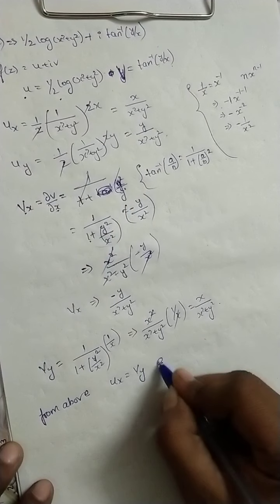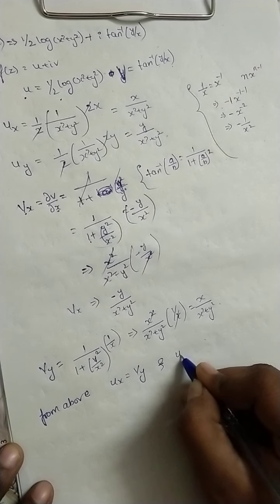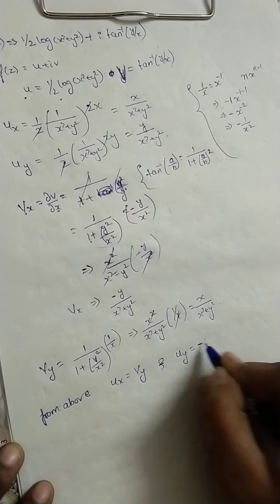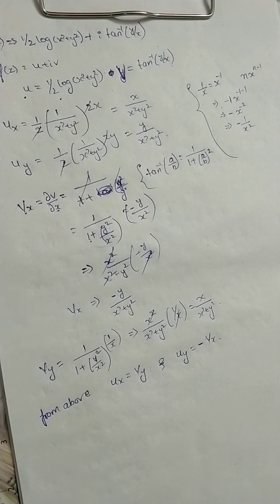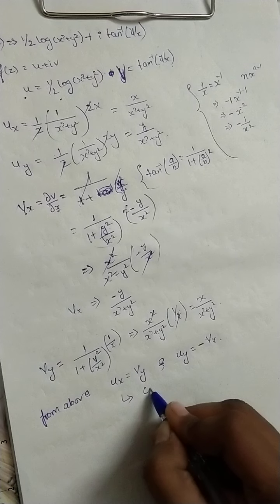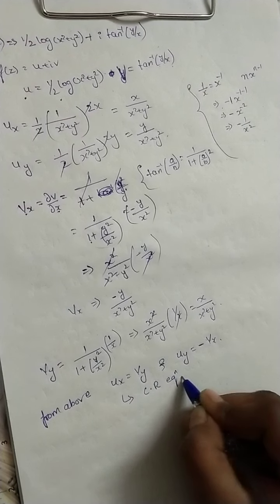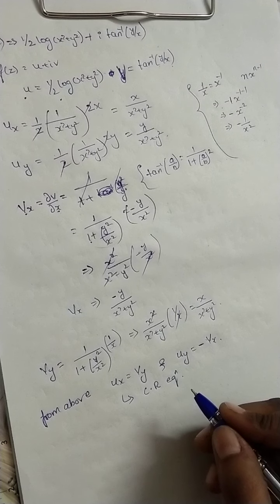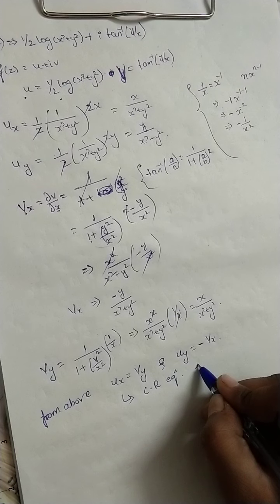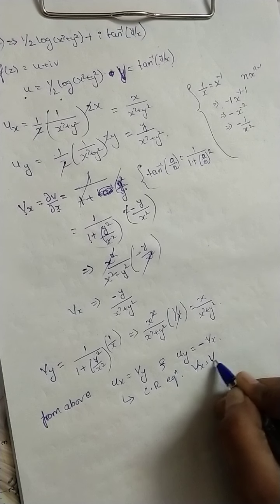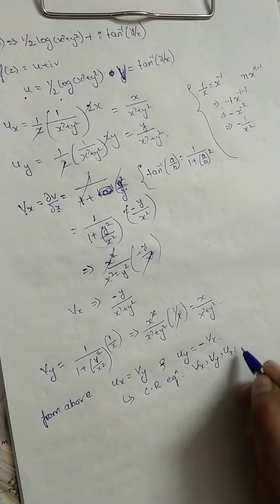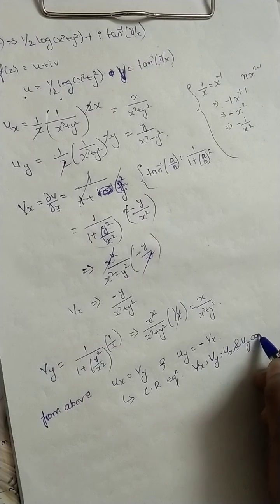And in the same way, uy is equal to minus of vx. So from this we can say that it satisfies the CR equation. So it is continuous, and all the partial derivatives ux and uy are continuous.